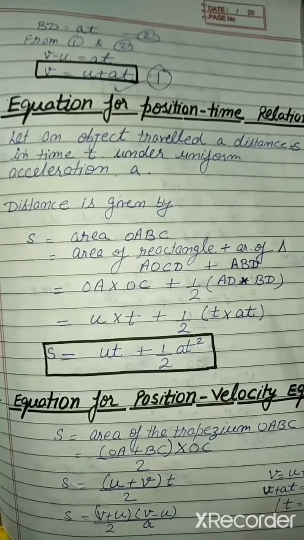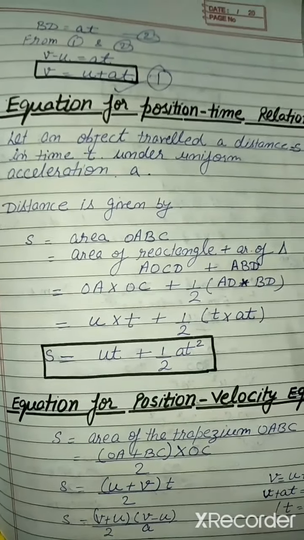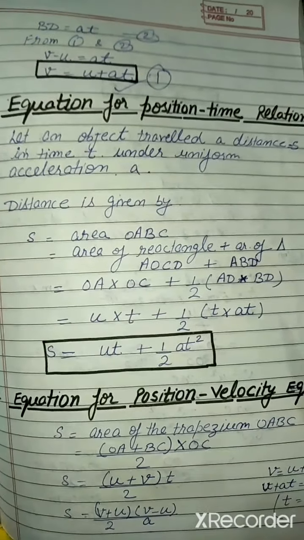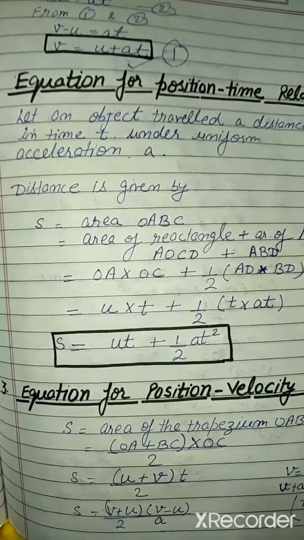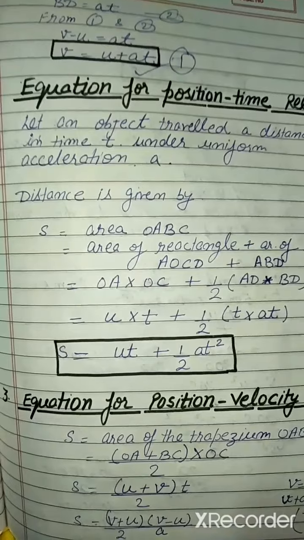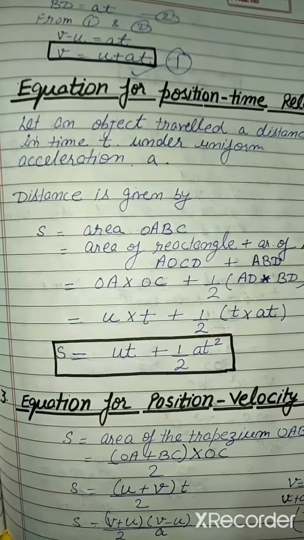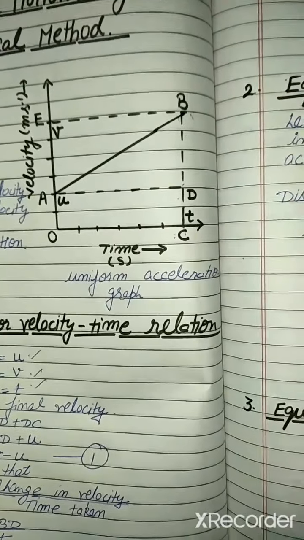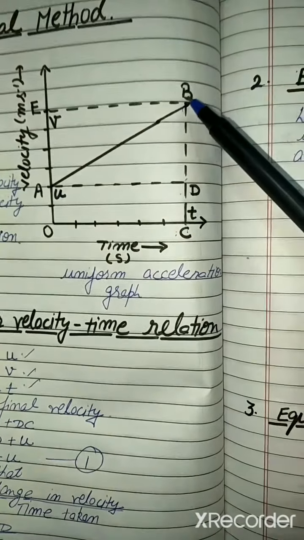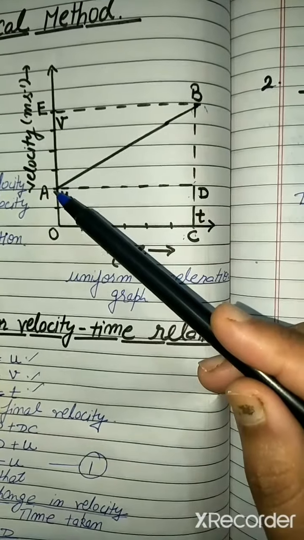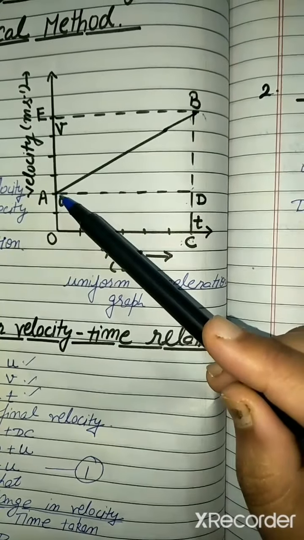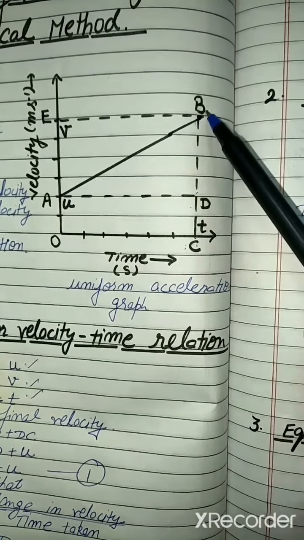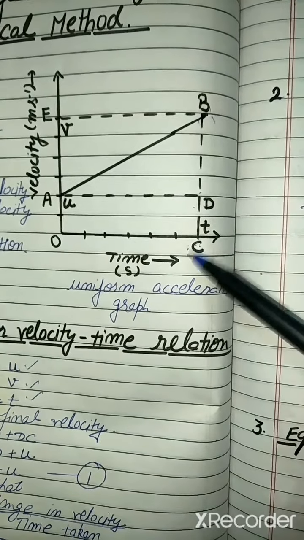I told you that to calculate speed or distance, we have to calculate the area, right? Area under the curve. So here again, what is the area under the curve? Here from A to B, it is the area OABC, right?